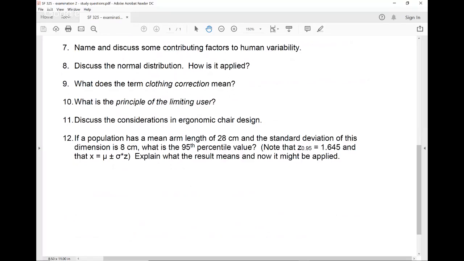So human variability, think of anthropometry, just our measurements, and why might my femur be shorter than someone else's, or my arm span longer than somebody else's.